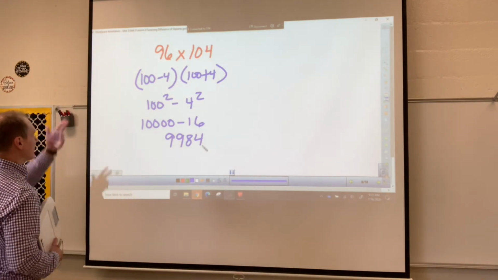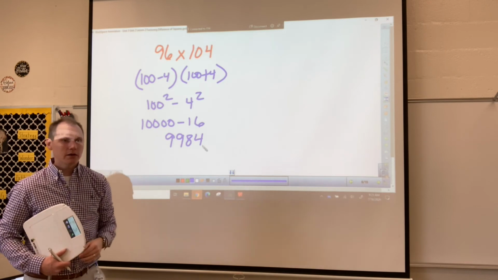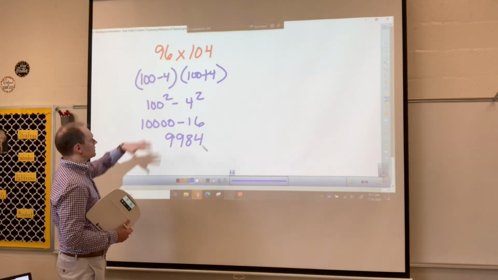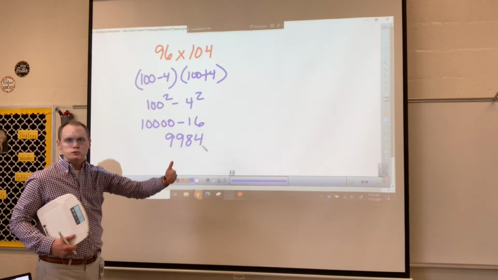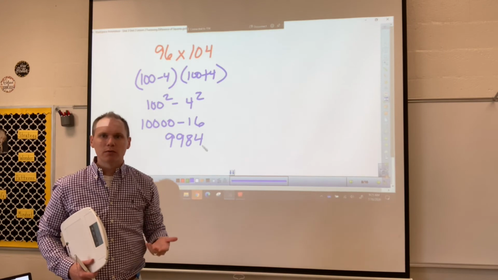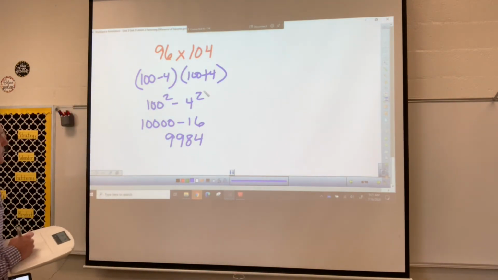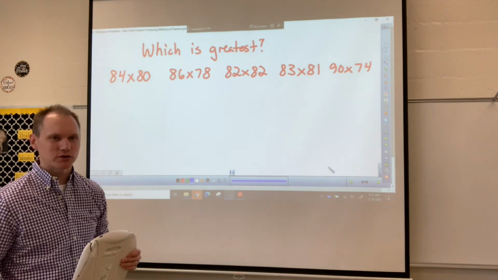Considering what we would have to do if we did the algorithm version of this. And you might be able to do this in your head, but more importantly is understanding that we can use this algebra thing that we've been learning called difference of two squares to do number manipulation or calculation. And so that's one way to do that. So using that same idea, I want to have you think about this question.